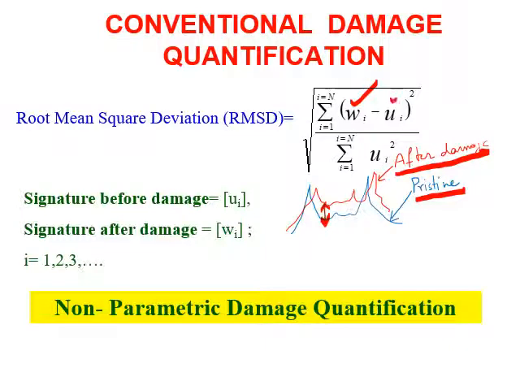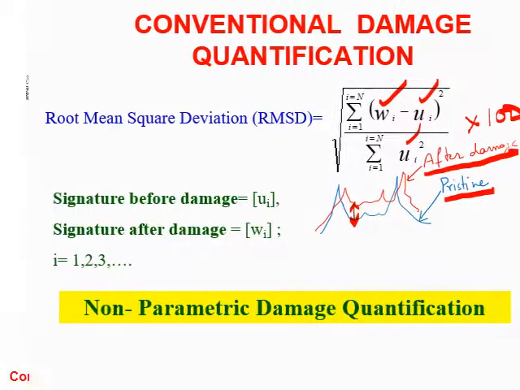This difference we square and add the sum of squares of all the values at each frequency, and we normalize it with respect to the sum of squares of the original values, like this. So this is obtained in percent terms. This is one kind of damage quantification, but it is non-parametric.